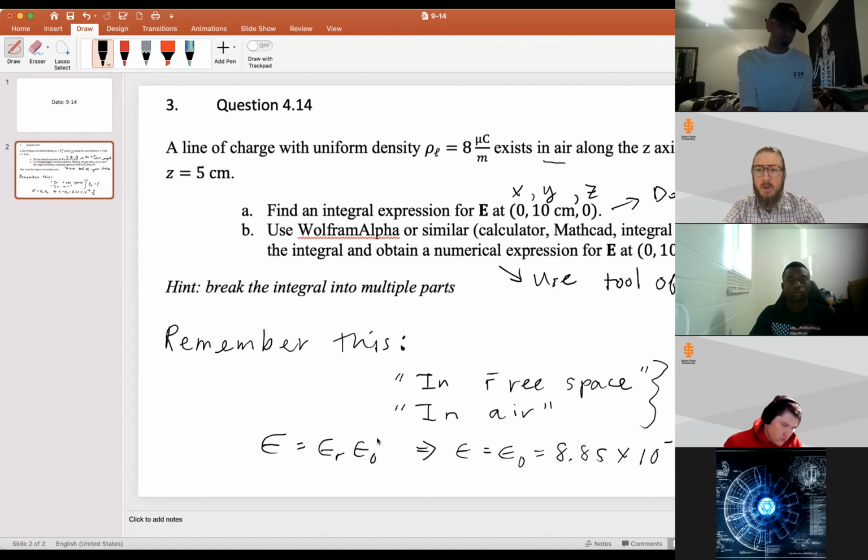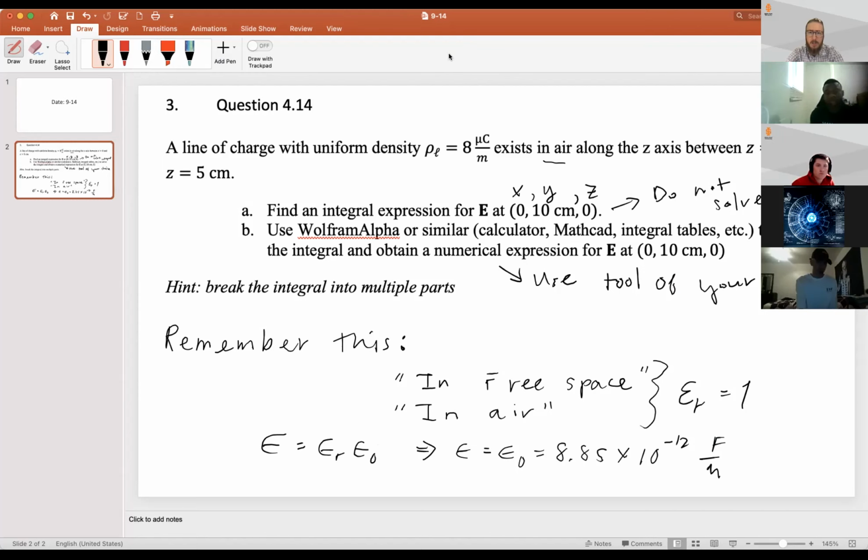But if you do an even more complicated one later, outside of this class, you would probably need to use MATLAB or do something like a Riemann sum approximation. So this is a real life place where you might come across a difficult integral expression, and that's why this problem is broken into two parts.